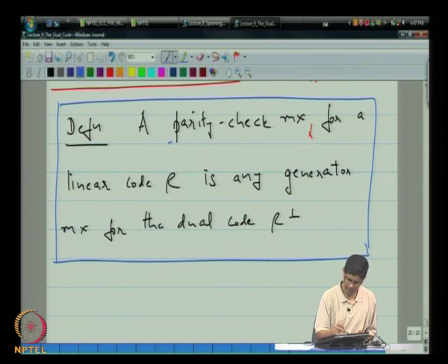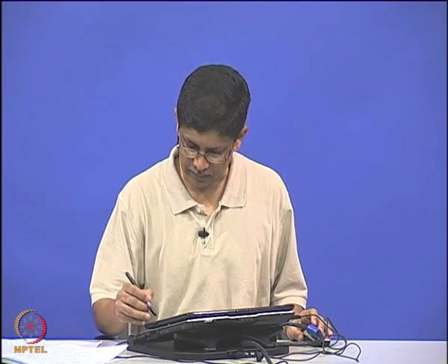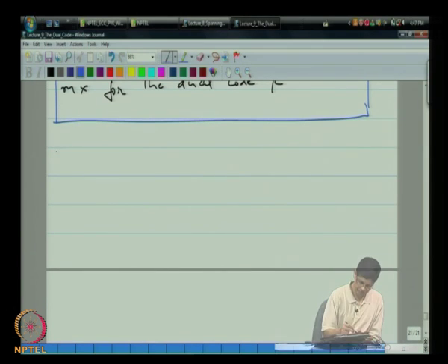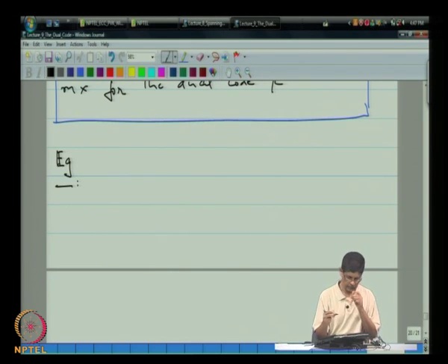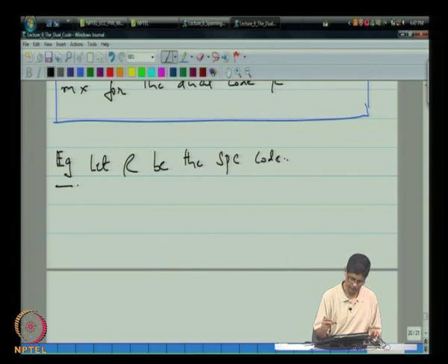Now, the first thing that must strike you is that, if I want a matrix that is connected to the code C, why is it that I have to go to the dual code? I think that will become clear from an example. Supposing we look at, let C be the single parity check code.